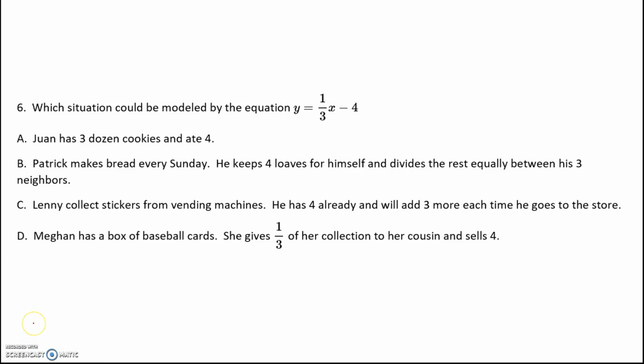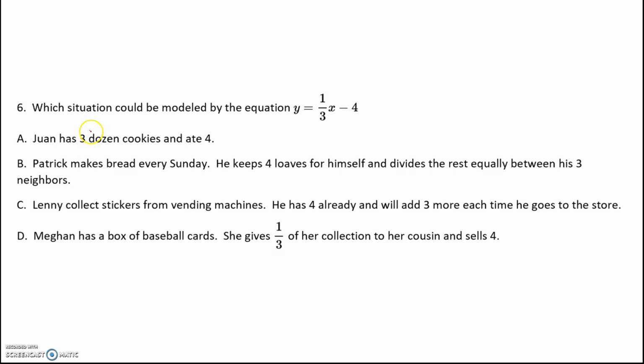Okie doke. Number 6. It says which situation can be modeled by the equation y equals 1/3 x minus 4. Juan has 3 dozen cookies and he ate 4.